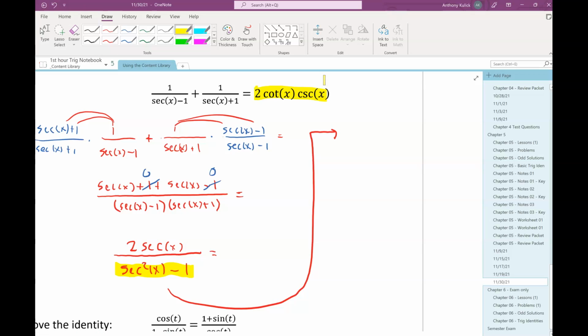The Pythagoreans. So what I would do is I would note that in P3, I can replace the secant squared with tangent squared plus 1. And I'm digging that because I have that -1 at the end that's going to gobble up that +1.